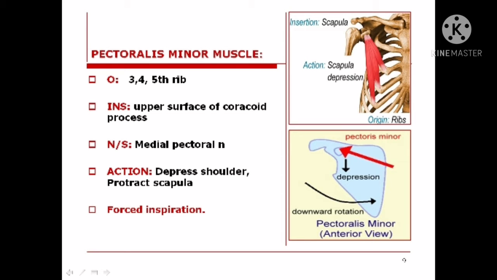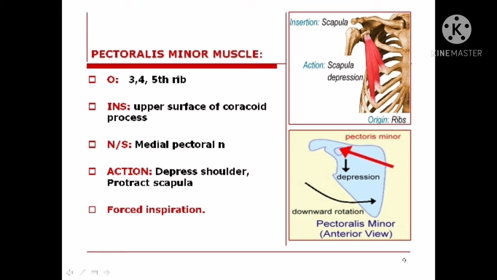The pectoralis minor muscle is situated underneath the pectoralis major muscle. It arises from the third, fourth, and fifth ribs. It inserts upon the coracoid process of the scapula, and its nerve supply is from the medial pectoral nerve, which arises from the brachial plexus.